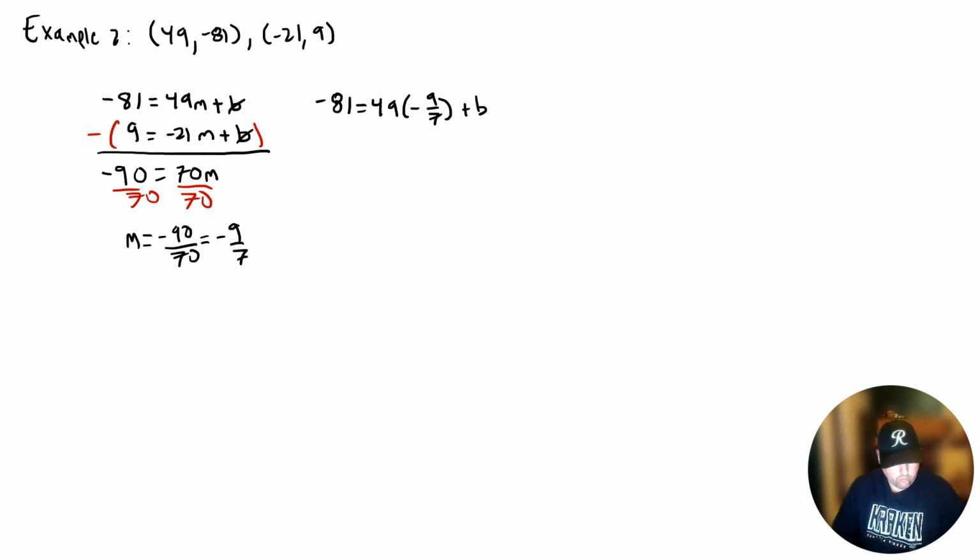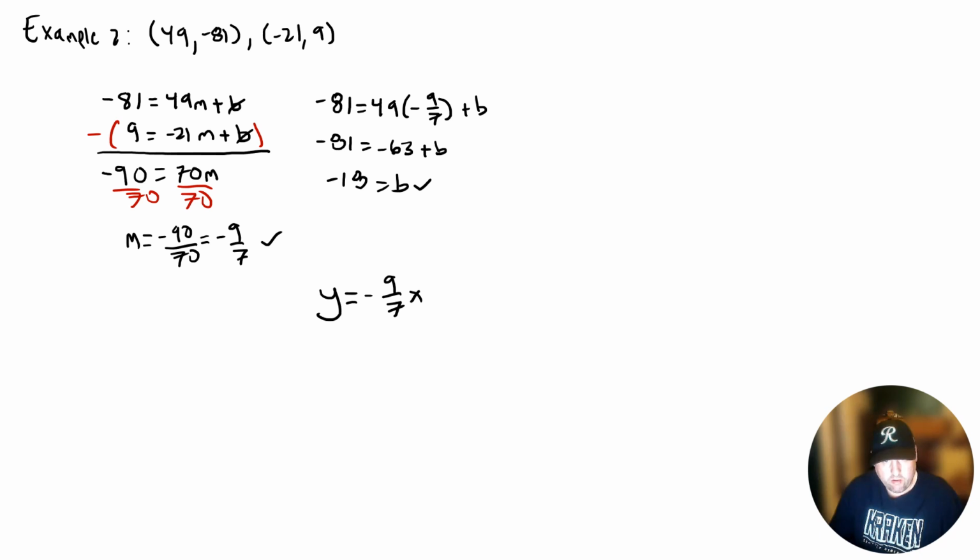Then we'll solve. 49 times negative 9/7 gives me negative 63. Then we add the 63 to negative 81, and I get negative 18. So I've got my m and my b, so y is going to equal negative 9/7 x minus 18.